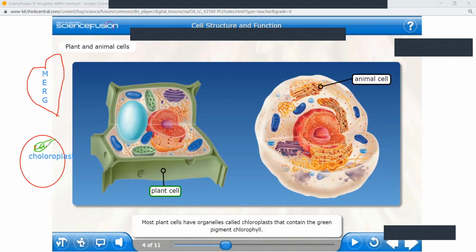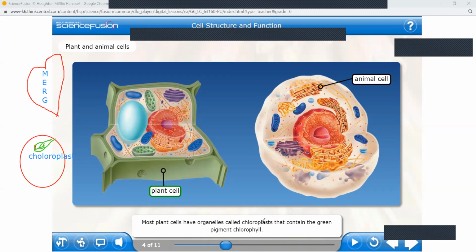Please don't say yes. Chloroplast is only present in plant cells. Most plant cells have organelles called chloroplasts that contain the green pigment.